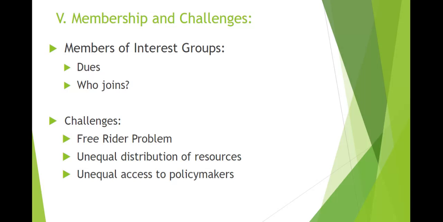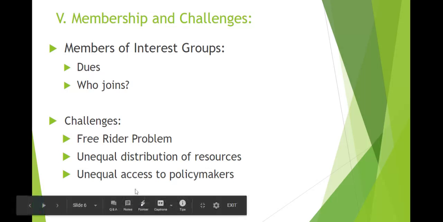And therefore, you get these larger, more powerful, more vocal interest groups that are able to accomplish a lot more. Kind of going along with that, these larger, older, more established, wealthier interest groups are going to have better access to the people actually making policy.